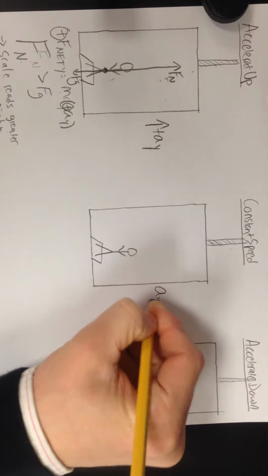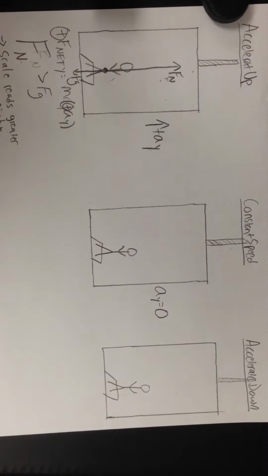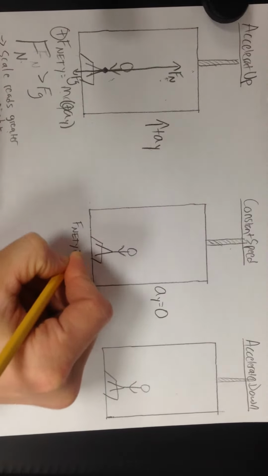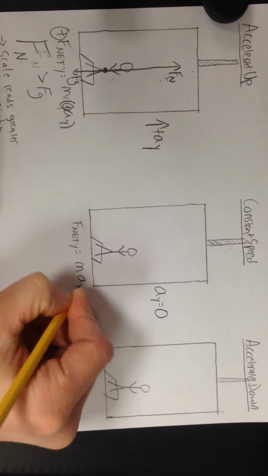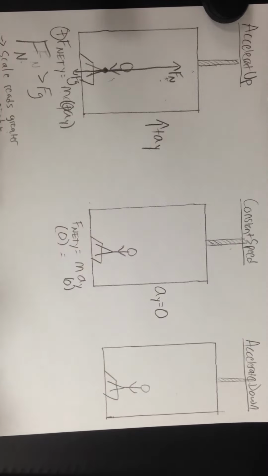So you start moving at a steady pace with no acceleration for most of the ride, actually. And we know, based on Newton's second law, when AY is 0, our net force is also going to be equal to 0.